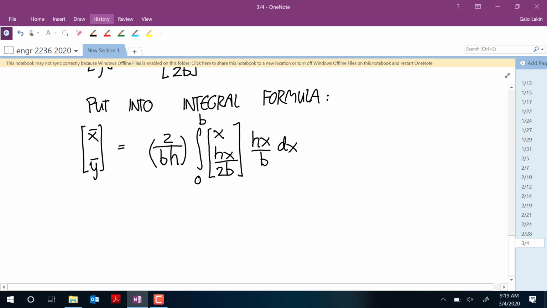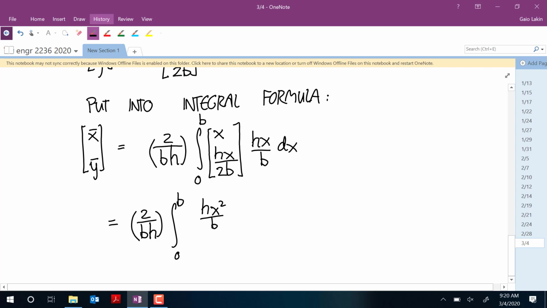And so if we put this together, I'm going to multiply this one at the end. So I'm going to keep the 2 over bh on the outside. And the integral from 0 to b is going to be, for the x value, hx squared over b.